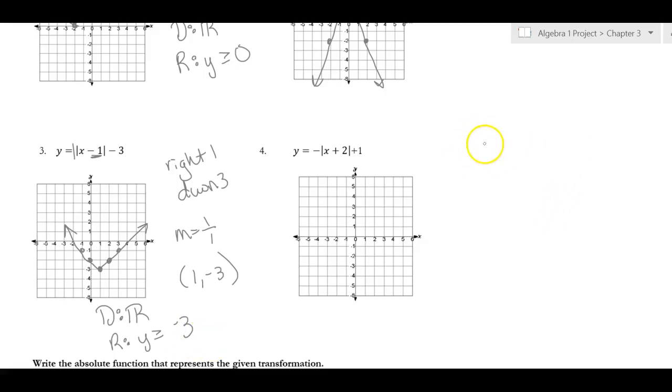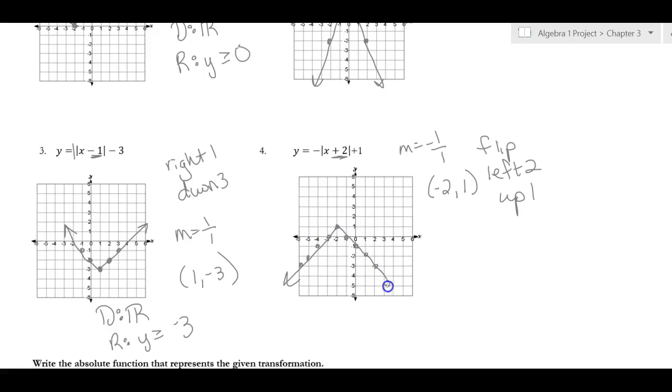All right, the next one, you should have said it was a flip, and it went to the left 2 because it's the opposite of parentheses, and it goes up 1. So my vertex is negative 2, 1. My slope is negative 1 over 1. So negative 2, 1. And I'm going to go down 1 over 1. And I'm going to go down 1 over 1 the other way too.